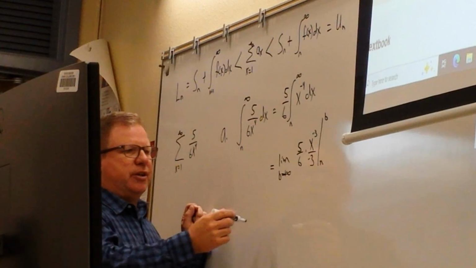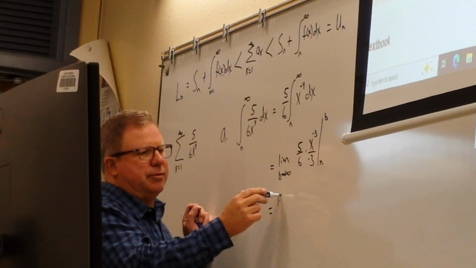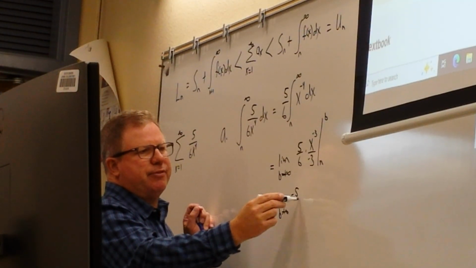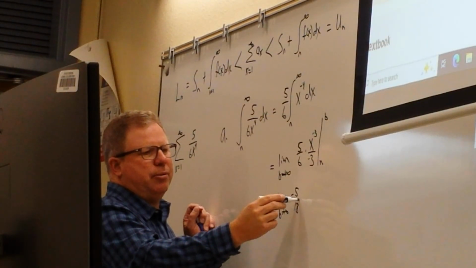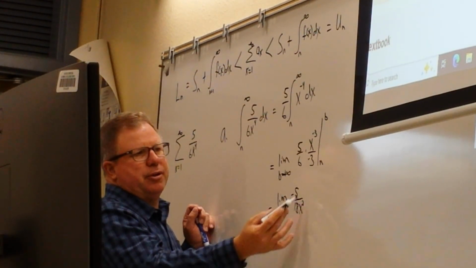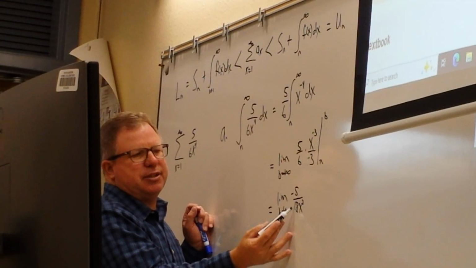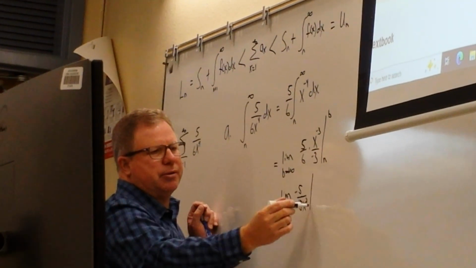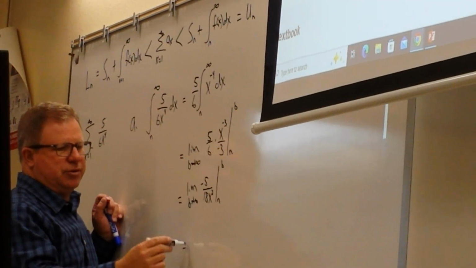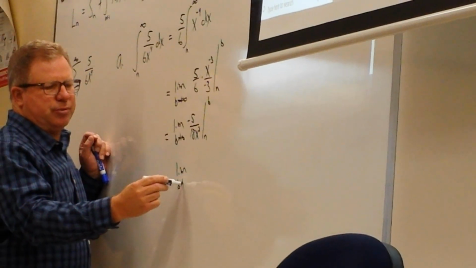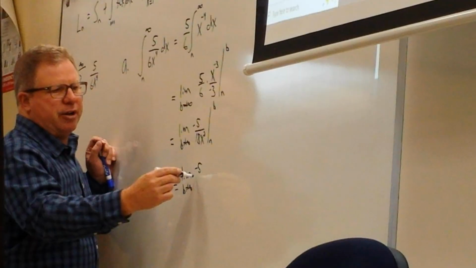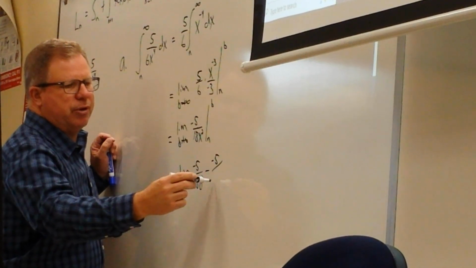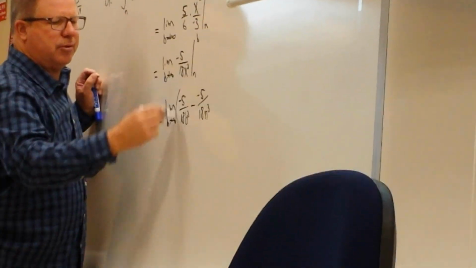Let's clean that up a little bit. So it would be -5/18, I'll do over 18 x to the third. So -3 times 6 gave us 18, I put the negative there. X to the -3rd, I put it in the denominator. So we get the limit as b goes to infinity of -5/18b to the third minus -5/18n to the third.